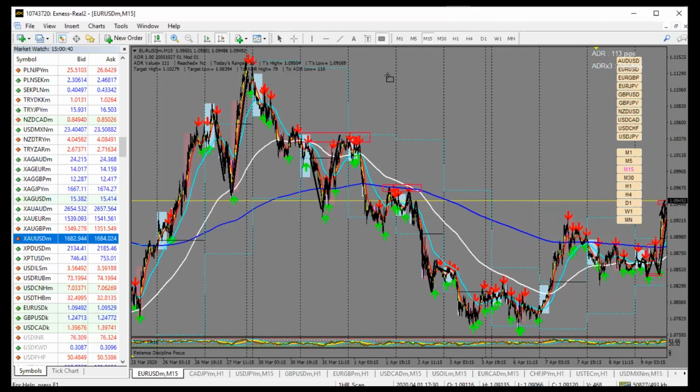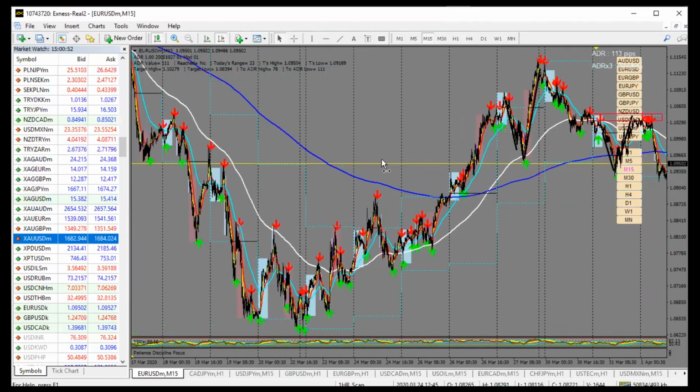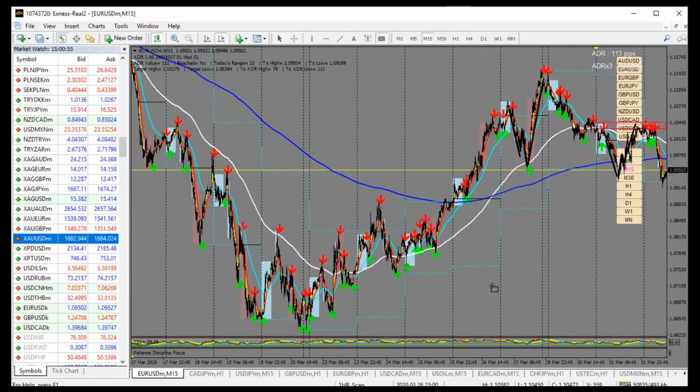There is the 200, the 800. Look at that. The one that formed yesterday was at the 200 EMA. The day before, it was at the 200 EMA. Look at that. Forming at the 200 EMA. Forming at the 200 EMA.